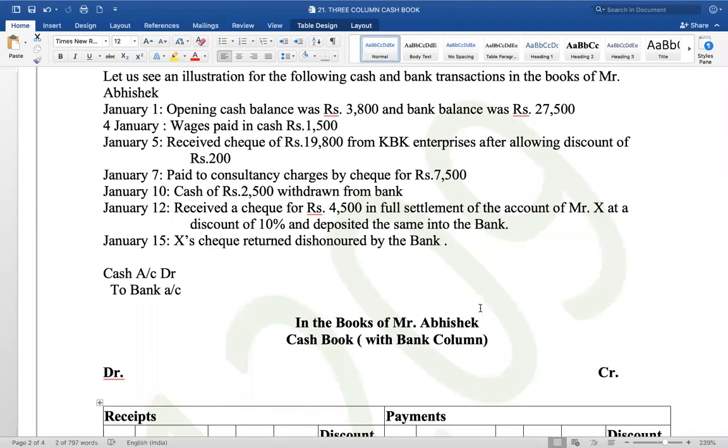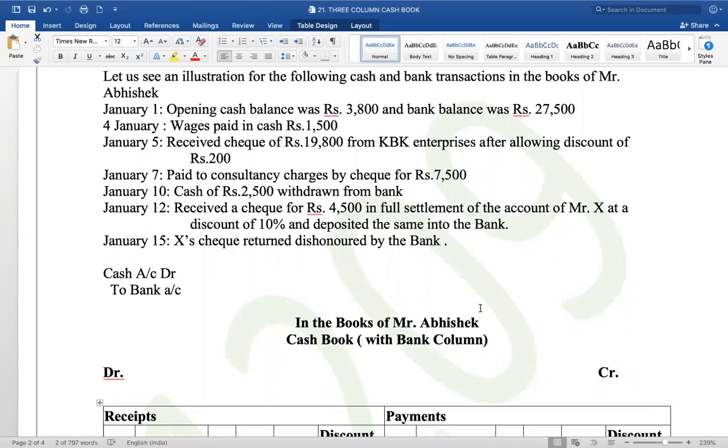On 12th January. Read it. Received a check of rupees 4,500 in full settlement of the account of Mr. X at a discount of 10%, and deposited the same into the bank. After giving 10% discount, what is this discount?